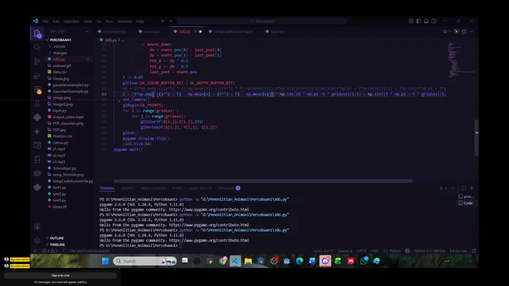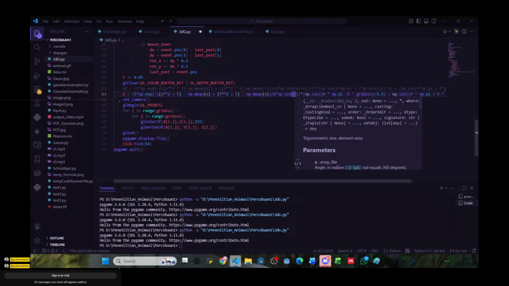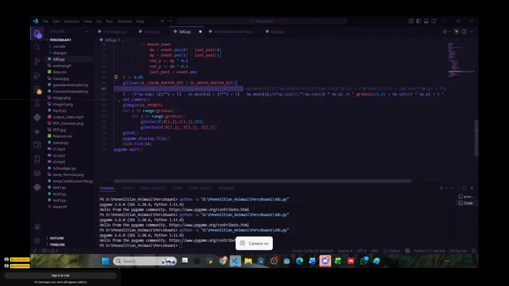What is this? Why is there an error here? Oh no, it's not an error. And we're gonna divide after all of this. We're gonna divide by, wait, where is this one in here? Divide by 2. We're gonna add the random here, and instead of a standard deviation, we're gonna use sin, because sin gives a bigger value than the standard deviation. You know what I'm saying, right?